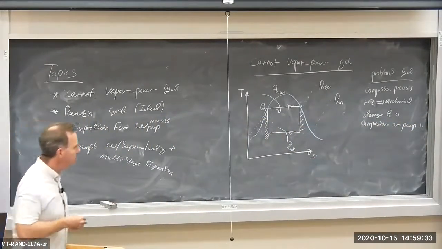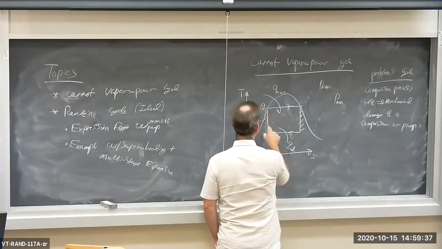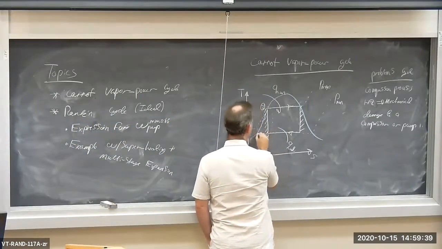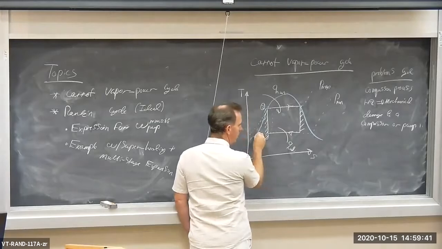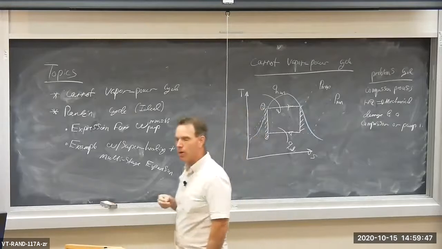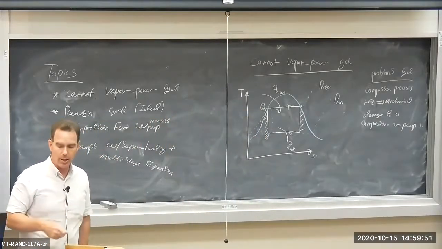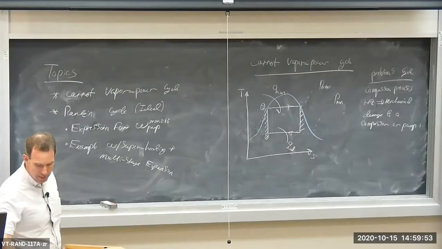We're going to replace process 1 to 2, keep everything else, by cooling the mixture at low pressure all the way down to a saturated liquid, and then we're going to increase the pressure of the saturated liquid up to P-max in a pump.